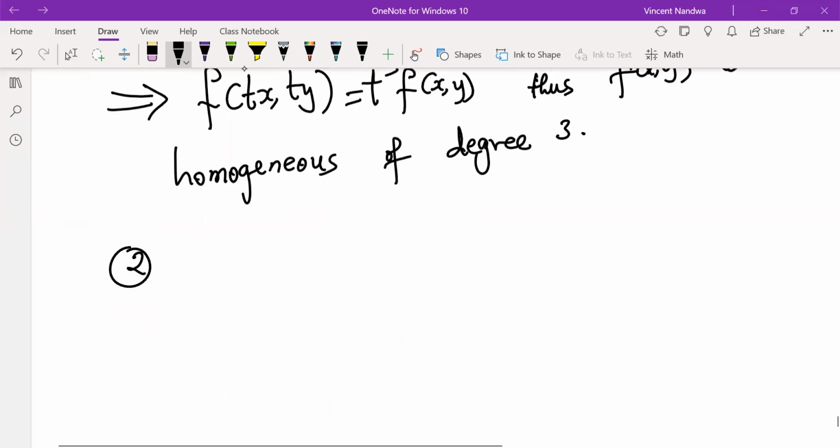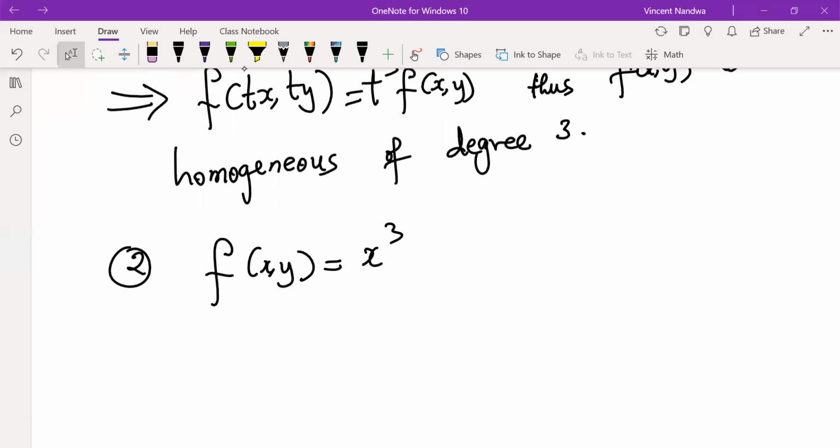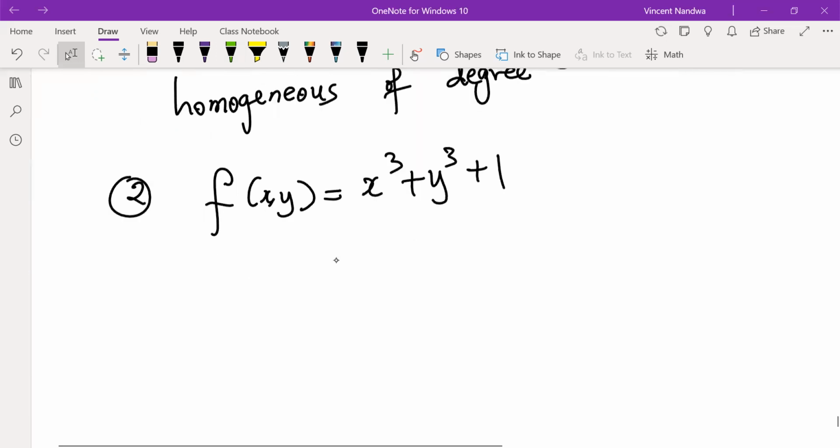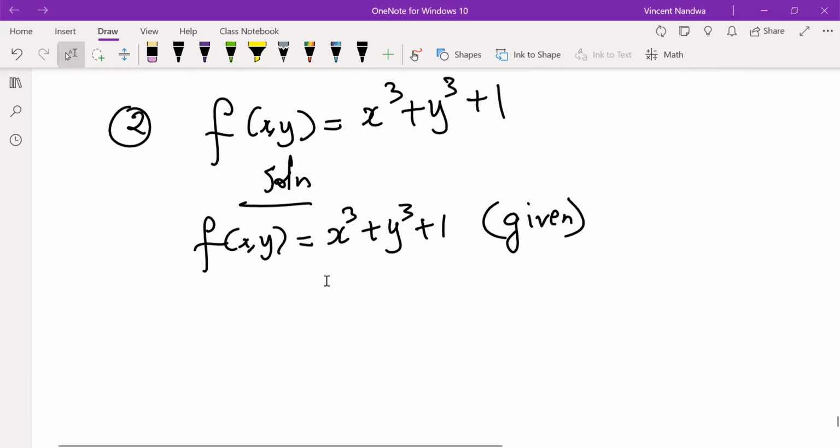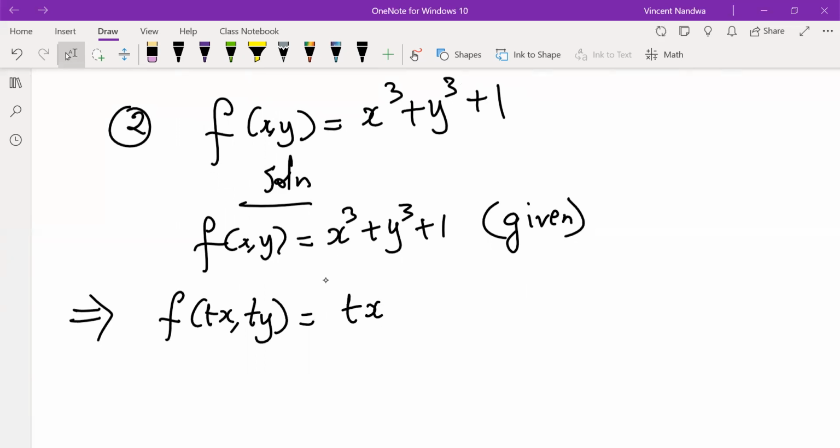Number 2, f of xy is given by x cubed plus y cubed plus 1. This is a given function. Now we define f of tx, ty, which by definition will be tx power 3 plus ty power 3, then plus 1.